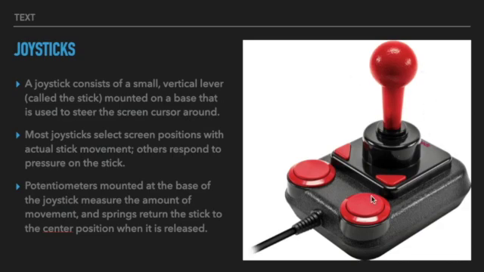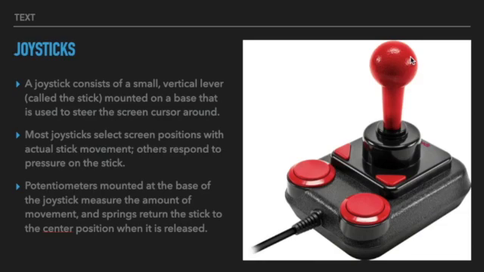It consists of a small vertical lever mounted on a base that is used to steer the screen cursor around. Most joysticks select screen position with actual stick movement. Others respond to the pressure on the stick. Mostly, the stick moves. There are some joysticks in which the amount of movement is determined using the pressure applied on the stick instead of the stick movement.